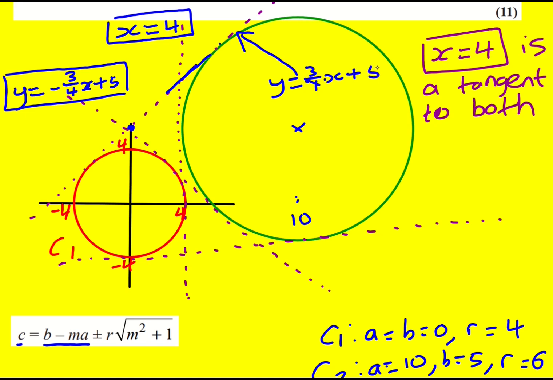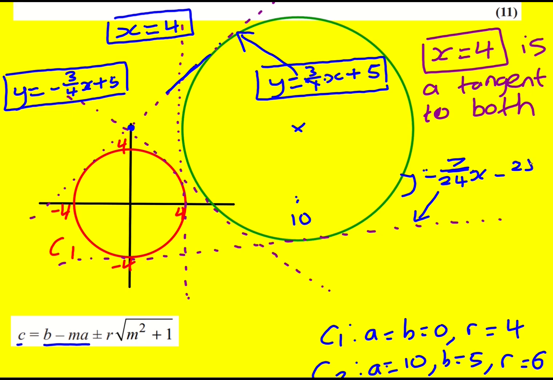Sorry, I'm back on the original page and computers can't deal with it. Okay, that leaves us one here, and that is our y equals 7/24 x minus 25/6, a very shallow gradient in comparison to the others.